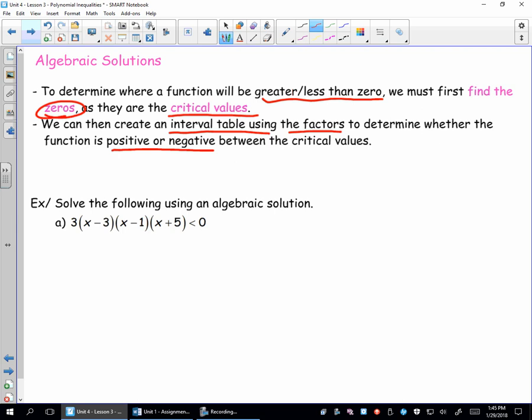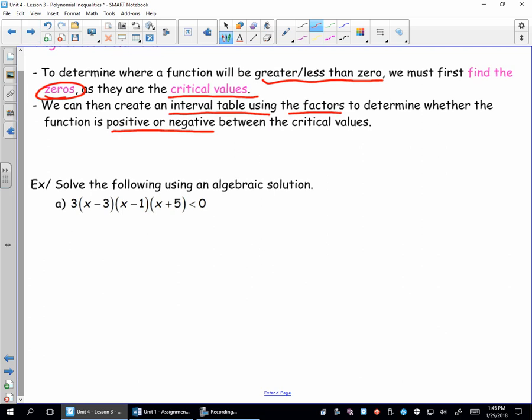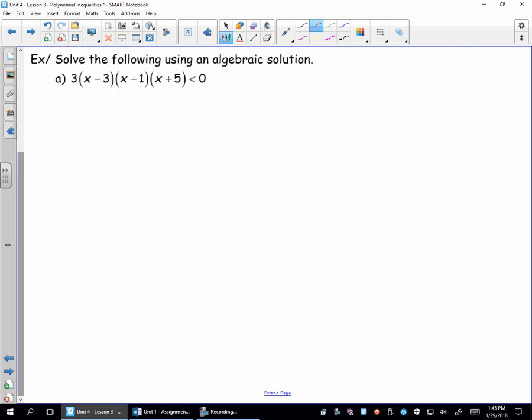How is that going to work? Well, let's take a look at this example here. I'm going to do this using an algebraic method, and then we'll show the graphical method just to prove the answer in the end. What are my zeros? My zeros are 3, 1, and -5. These are my critical values.